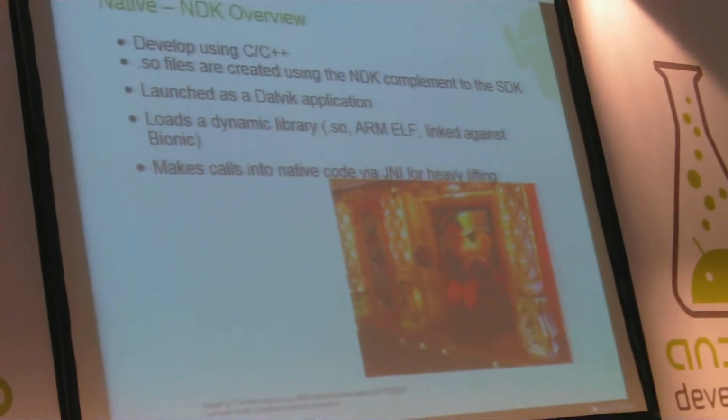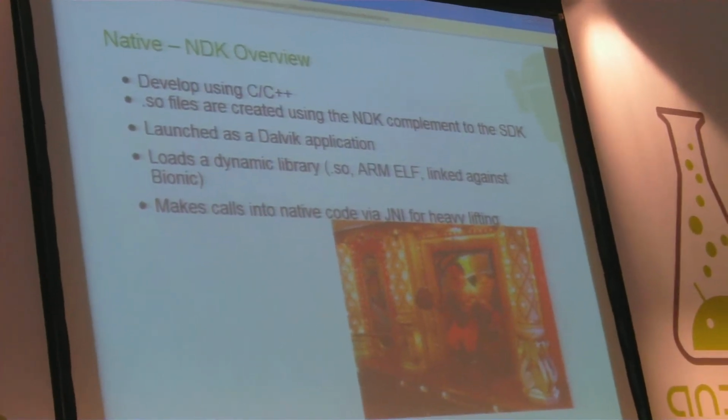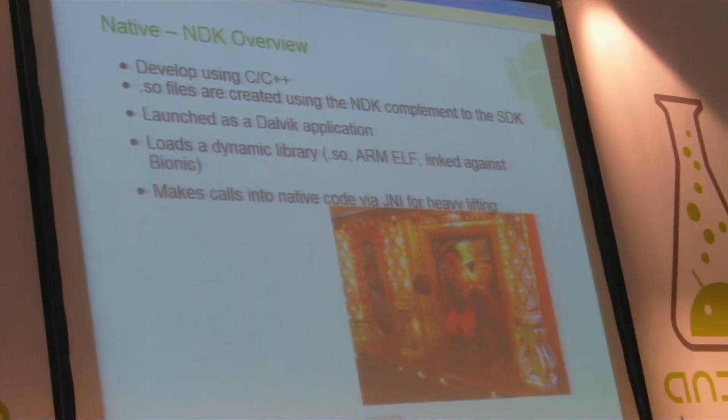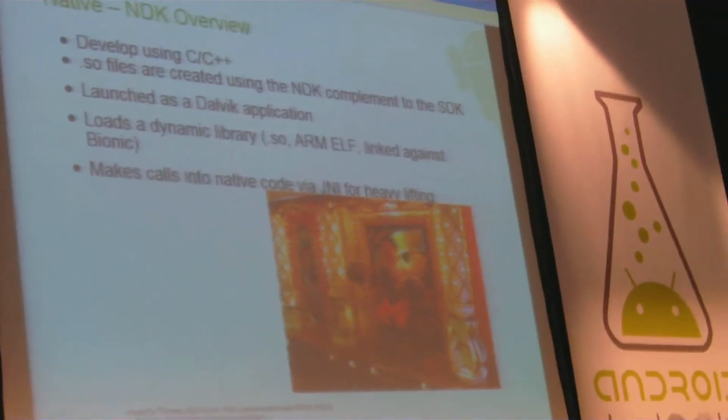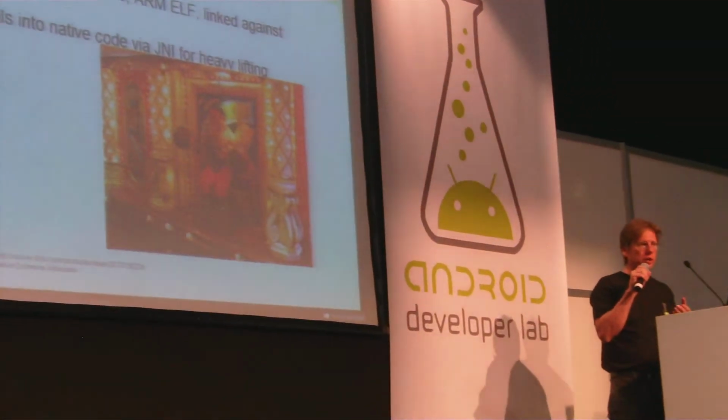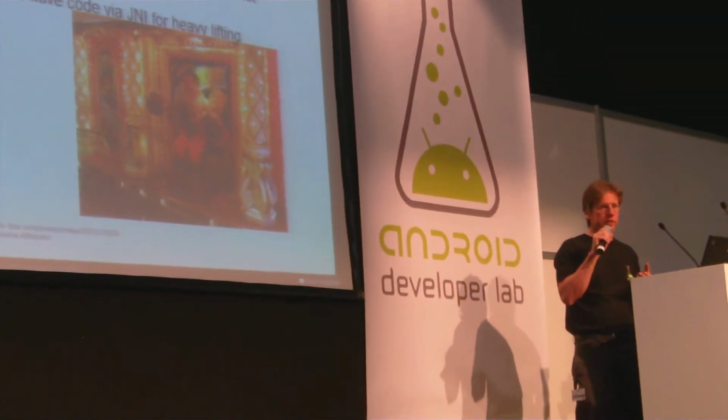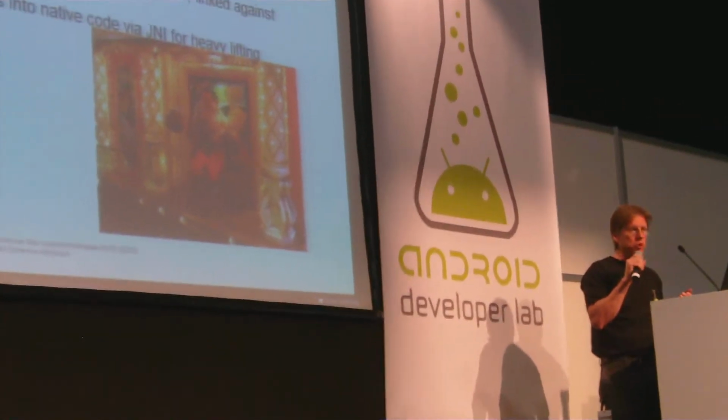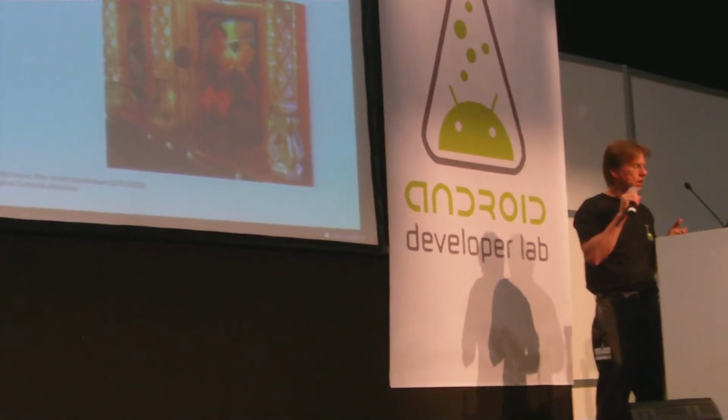Okay, native code. What is native code? Native code basically lets you write using C and C++. As you're probably aware, Android is built on top of Linux, so if you're a Linux developer, you'll be totally comfortable at this level.